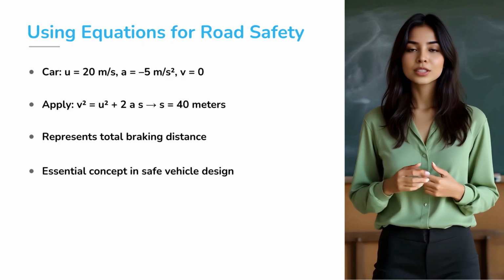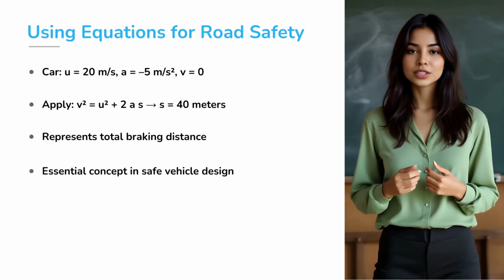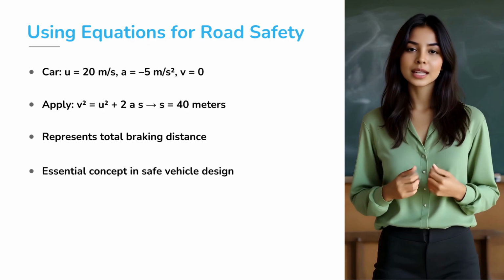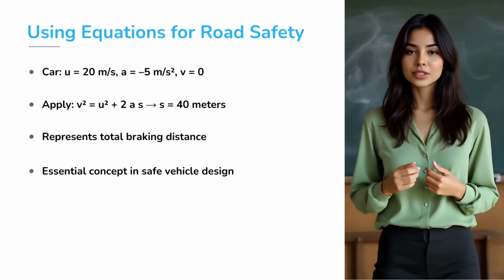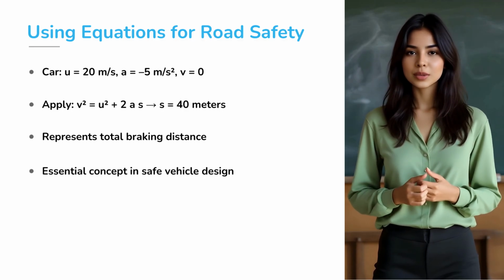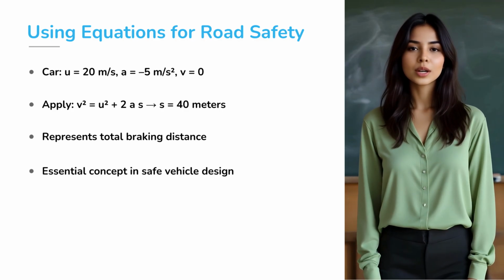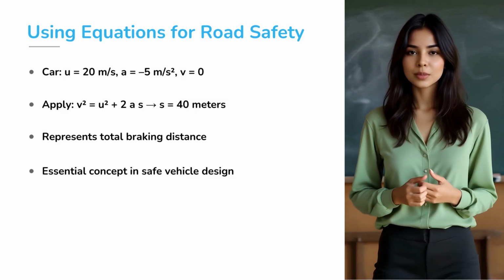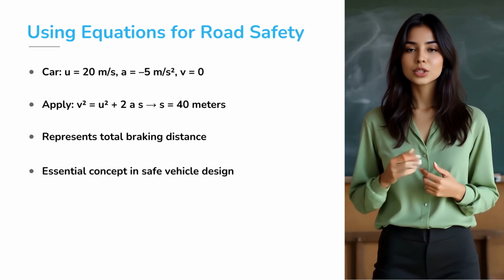Since the final velocity v is 0 when the car stops, we have 0 equals 400 minus 10 times s. That gives us s equals 400 divided by 10, which is 40 meters. So, the car needs 40 meters to come to a complete stop, a distance that could be the difference between safety and danger on the road.